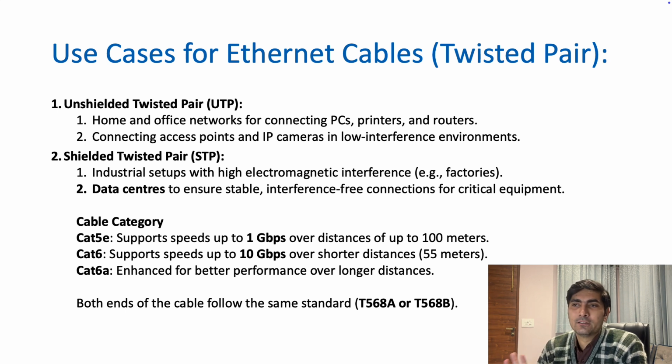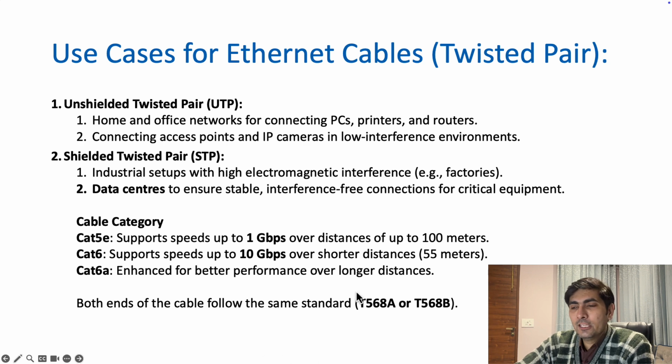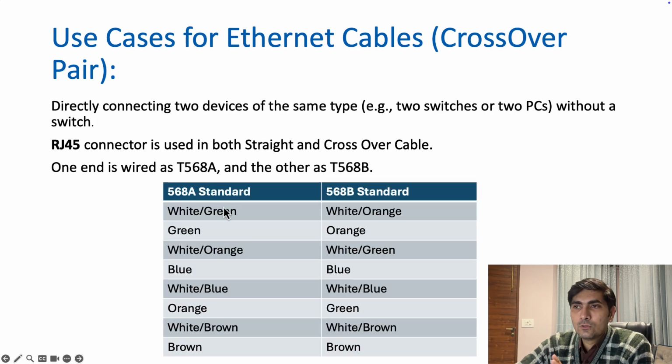These auto adjust. Okay, so I was talking about the same standards. There is a standard, just take a look: 568A. The first pin will have white/green cable, second will have green, then white/orange, blue, white/blue, orange, white/brown, brown. In this order you have to connect the cables, and this is known as the 568A standard.